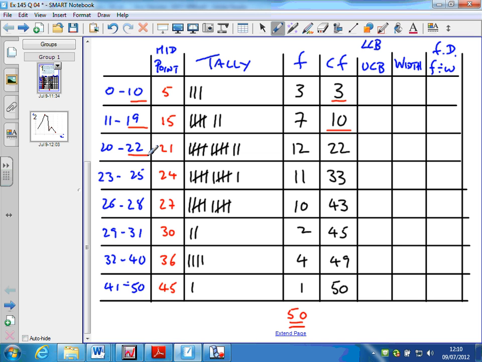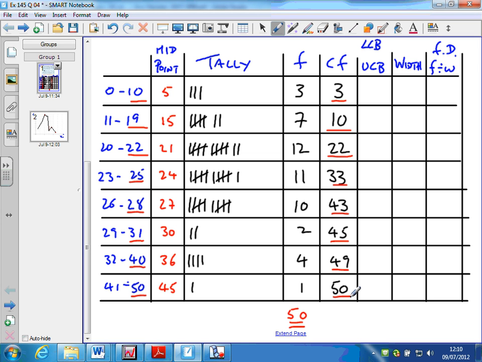What about up to 22? Well, there are 22 pieces of data that have a value of 22 or less, and so on. So that's why the cumulative frequency is important, and it must go with the highest value in the group. So I'm going to plot the highest value in the group against the cumulative frequency to get the cumulative frequency ogive.